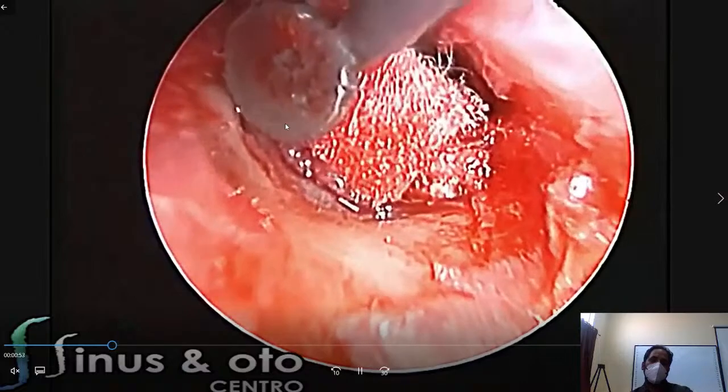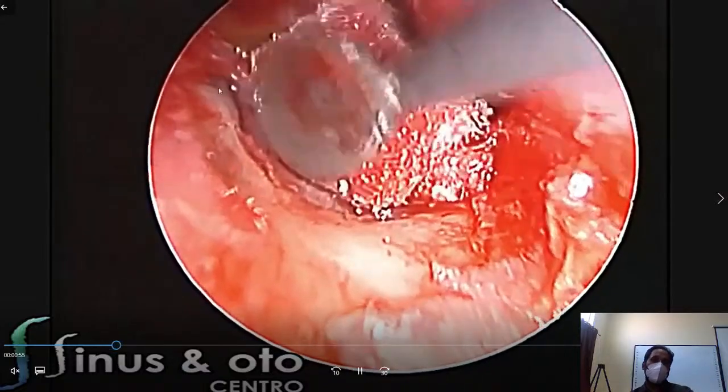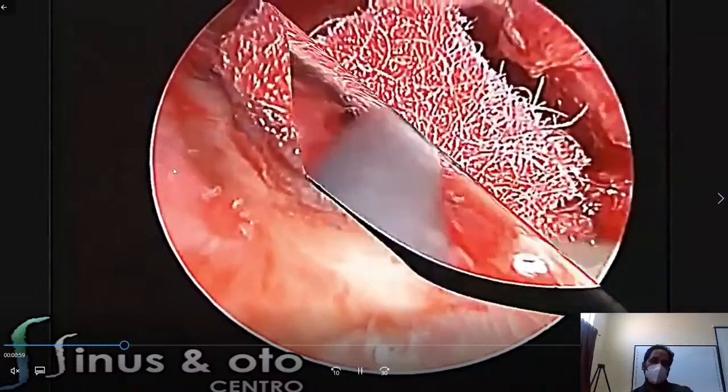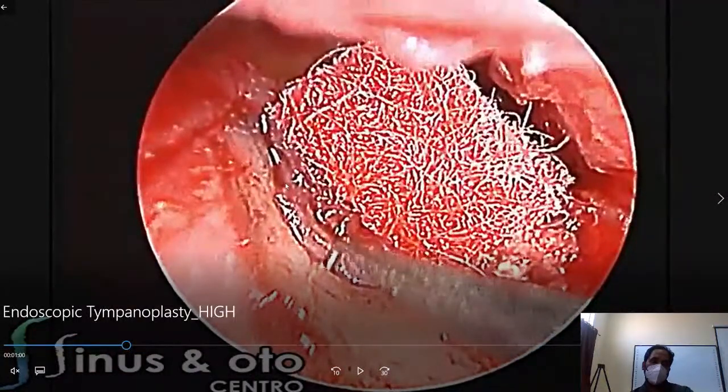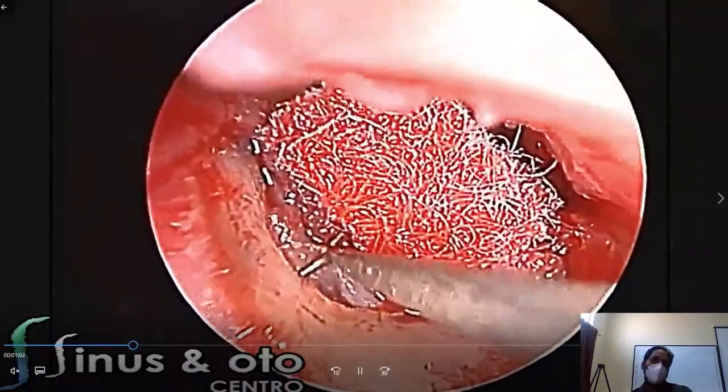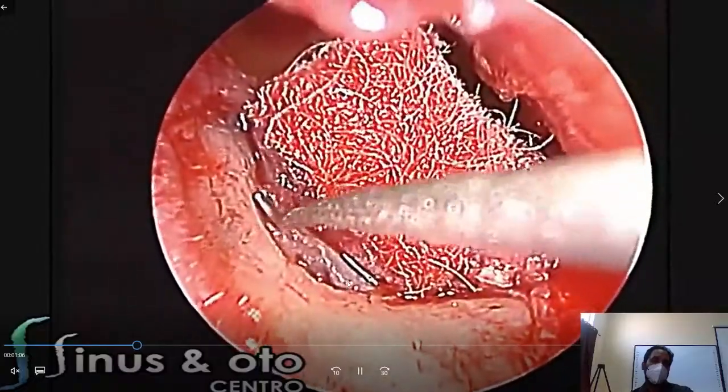This is the tympanomeatal flap, and the incision which is given is called Rosen's incision. The flap is elevated from the external auditory canal up to the level of the annulus, and even the annulus should also be elevated. So now the surgeon is trying to elevate the annulus also.